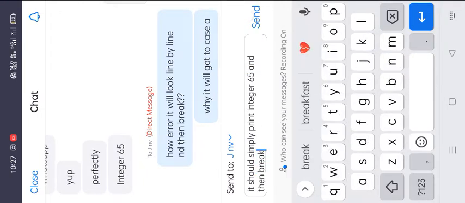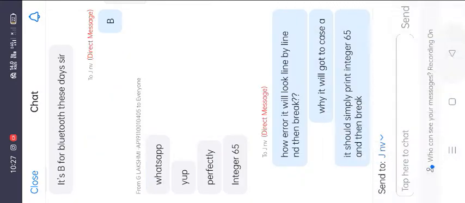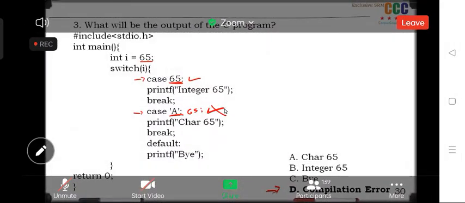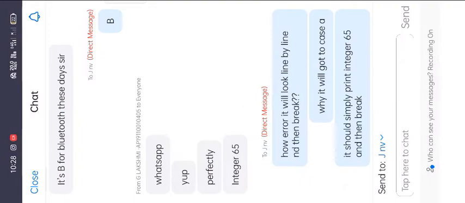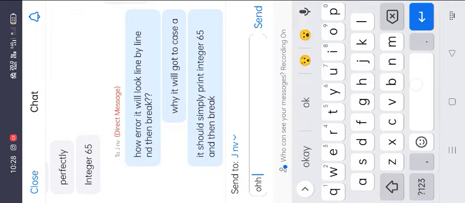No, it is compile time only. If you were reaching case A, it would be a runtime error. But on compilation itself, it will identify that we have got two cases with 65 and it is not allowed by the compiler. So at the time of compilation, you are getting that error. That's why it is a compilation error.